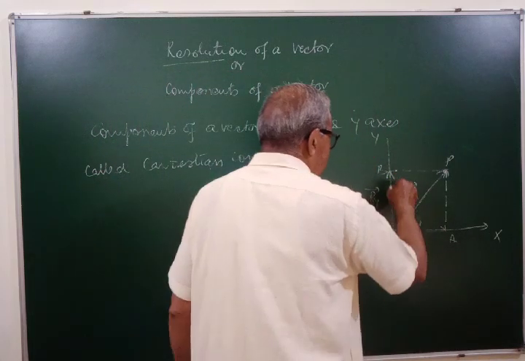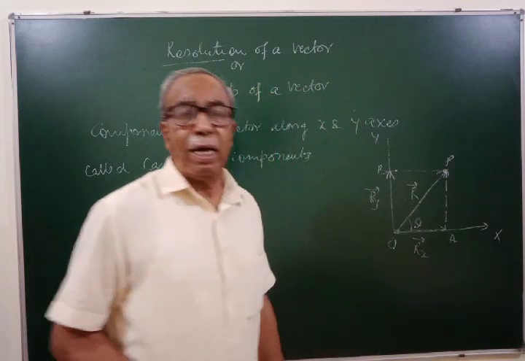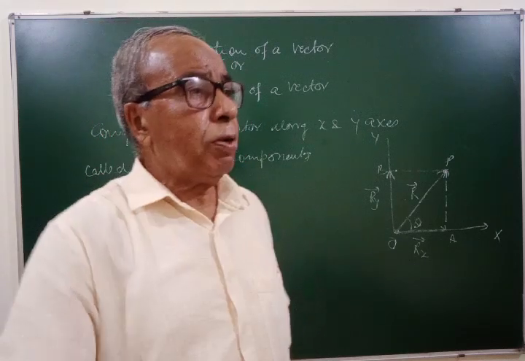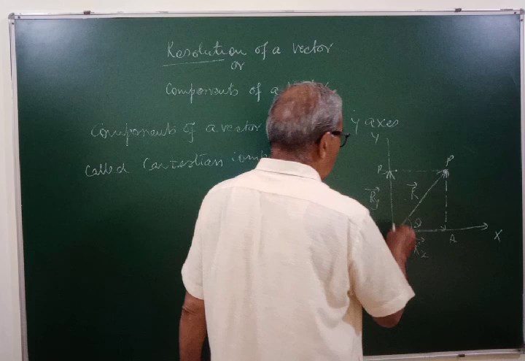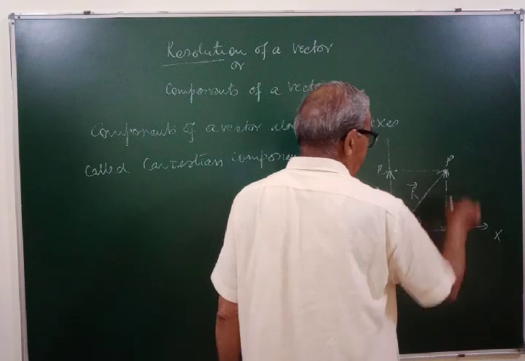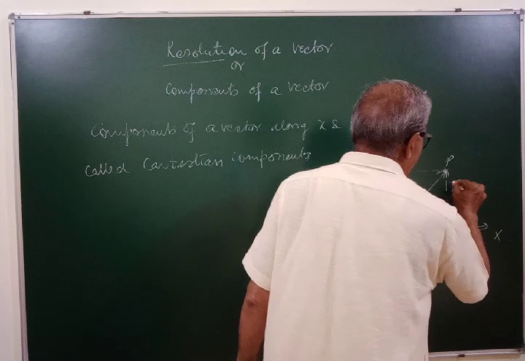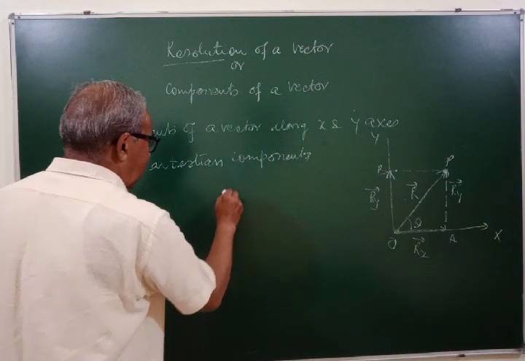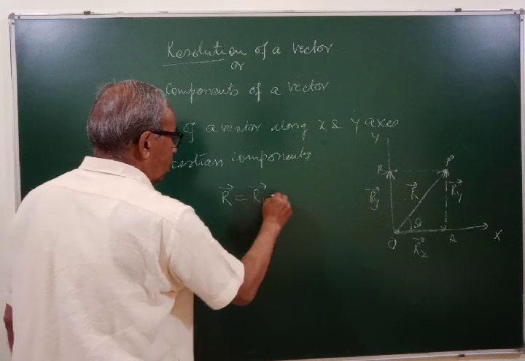You know, this is a rectangle here, and opposite sides of a rectangle are equal and parallel. So OB is equal to PA, and we can write this is also vector Ry. So that way we can write the vector R equals Rx plus Ry.